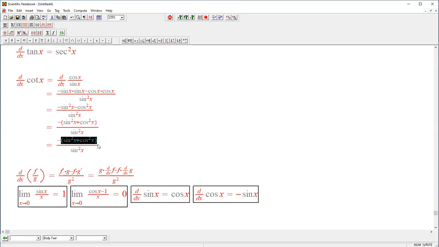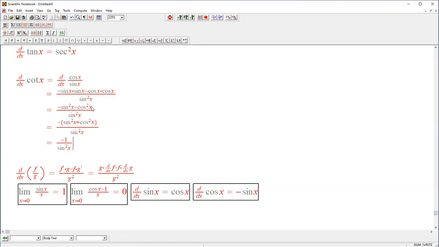So this is going to be negative 1. So that equals negative cosecant squared of x, right? So now we got the derivative of cotangent is equal to negative cosecant squared, right?